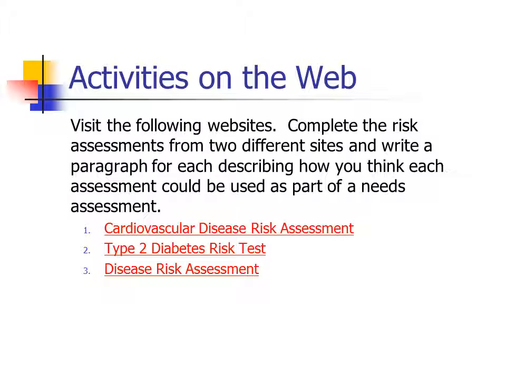And the third one is a general disease risk assessment, and there are probably 5 or 6 different diseases that you could take a look at: cancer, cardiovascular disease, diabetes, and so on. Or there's a tool on all of those things on that particular website.